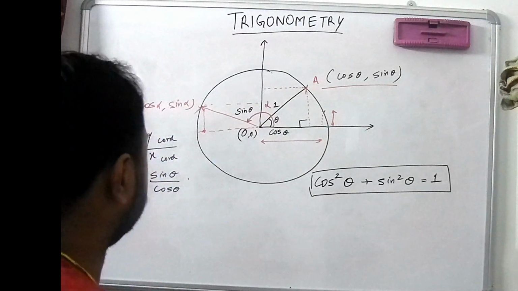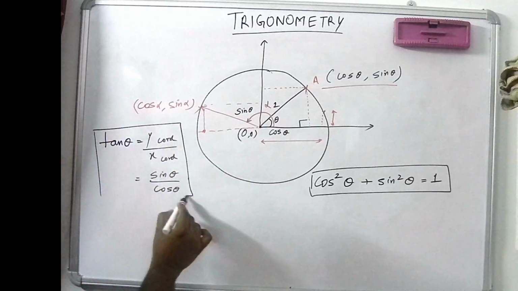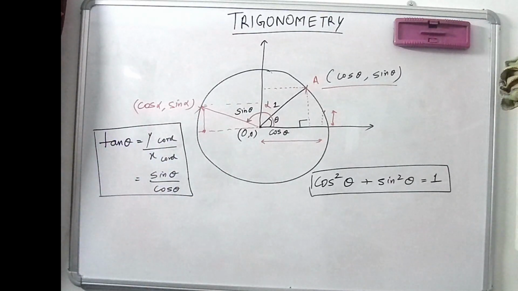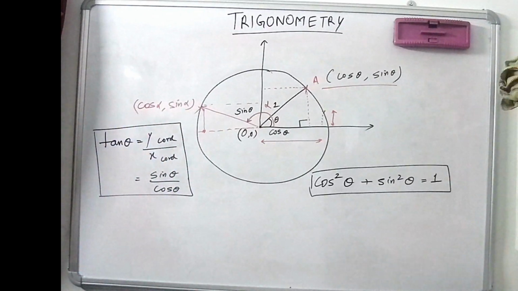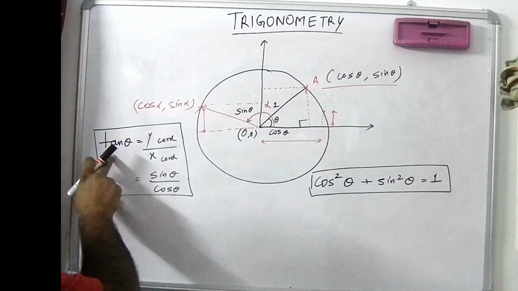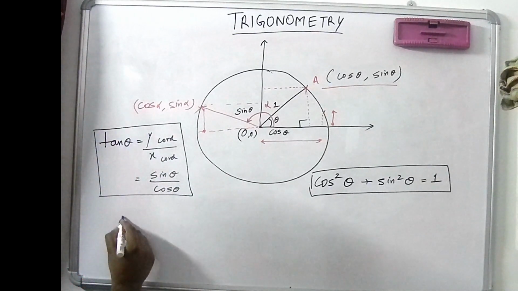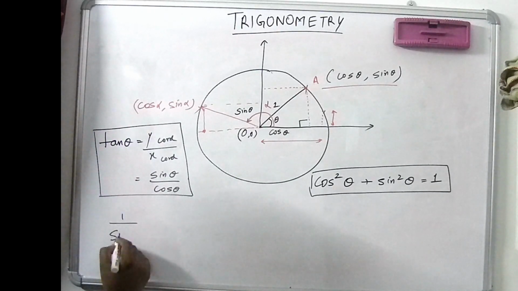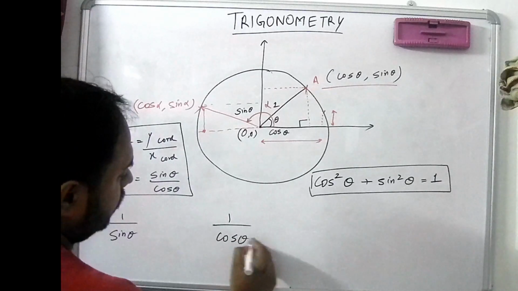Now when we know a function, we are more than happy to study its reciprocal, the multiplicative inverse. What's a multiplicative inverse? When I multiply it with the function, I get 1. So I'm happy to study the multiplicative inverse of sin, cos, and tan. We get other functions like 1 upon sin theta, 1 upon cos theta, and 1 upon tan theta.